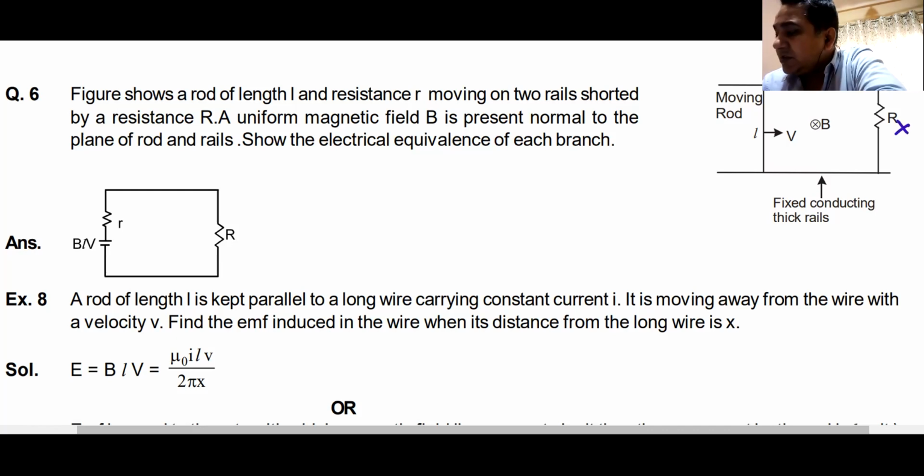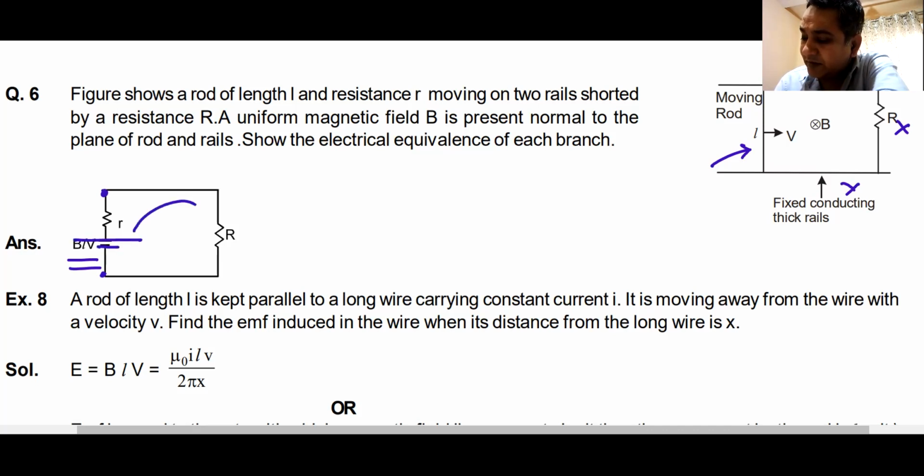In this branch, nothing. In this branch, nothing. In this branch, nothing. Only EMF will be induced in this branch. That will be equal to BLV, V cross B. So this point will be higher potential, this point will be lower potential, so the battery becomes like this. Now the current will flow like this.